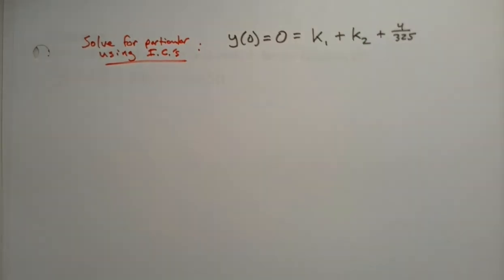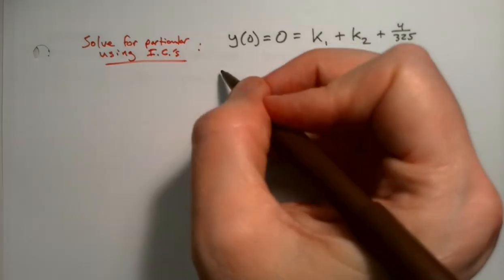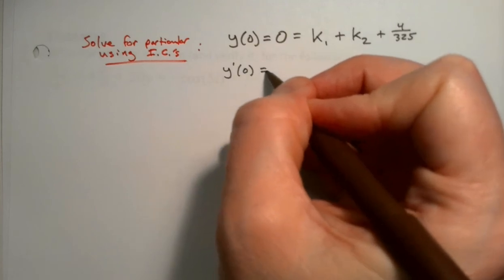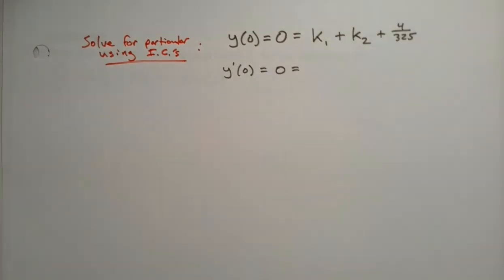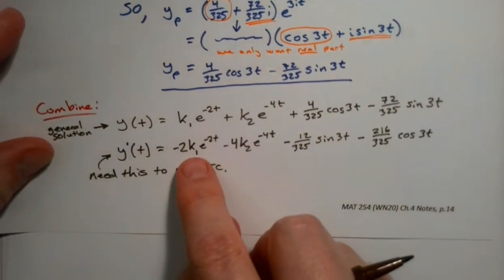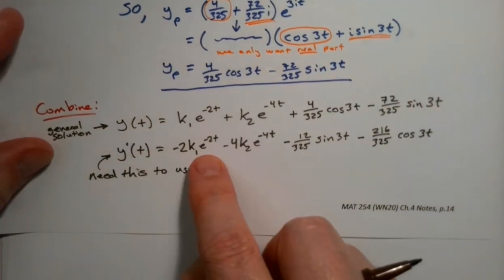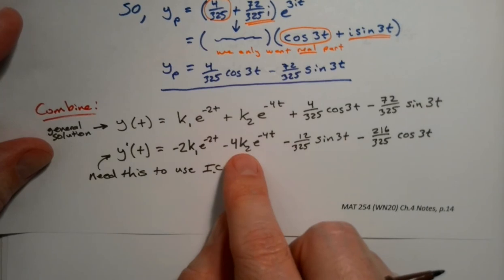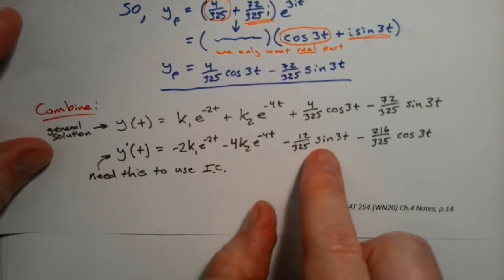And the other thing that I know is that if y prime of 0 equals 0, then looking at my derivative function, I can say, oh, this will just become negative 2k1 minus 4k2. This term goes away now because it's sine. Sine of 0 is 0.